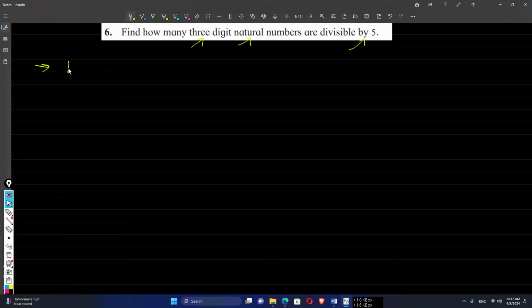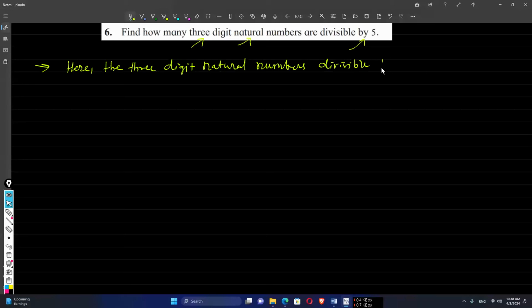Therefore, here the 3-digit natural numbers divisible by 5 are 100, 105, 110, 115, dot dot dot, and the last 3-digit number which is divisible by 5 is 995.